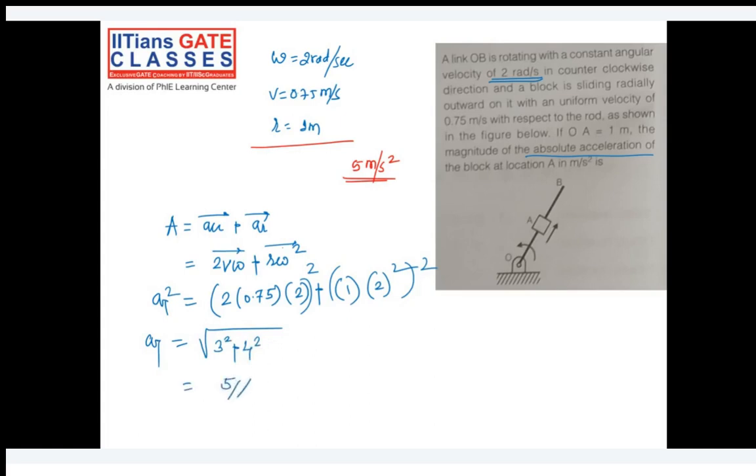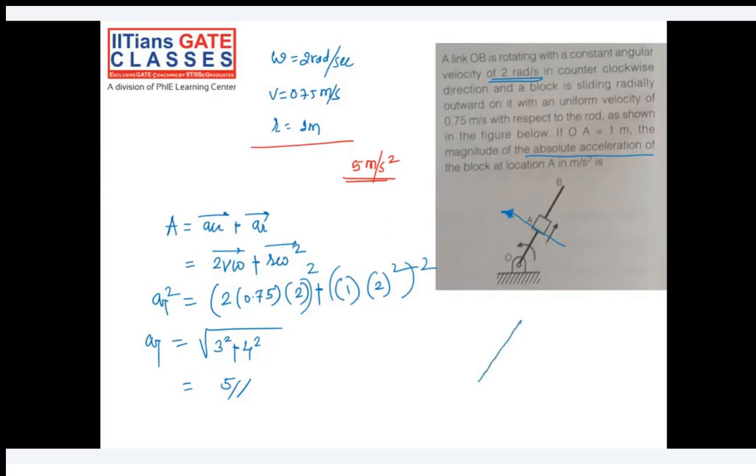Okay. How will the Coriolis component of the acceleration be? Is it correct, which is shown in the figure? Yes, because the Coriolis component of the acceleration we get by turning the velocity vector by 90 degrees in the direction of omega. Okay, that I have done. So centripetal acceleration will be towards the center.